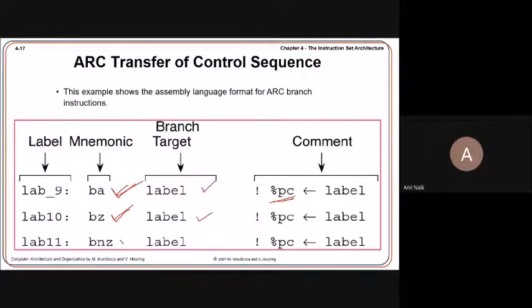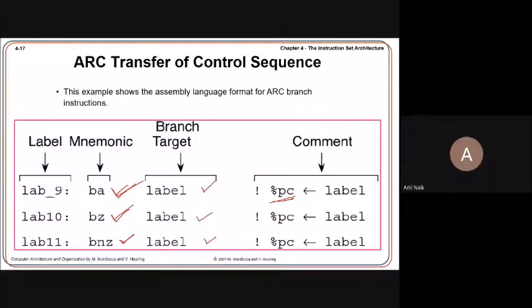Branch on non-zero: if the condition is true, then it will jump to the particular label, a particular address. Label means a particular address, like we are specifying here.